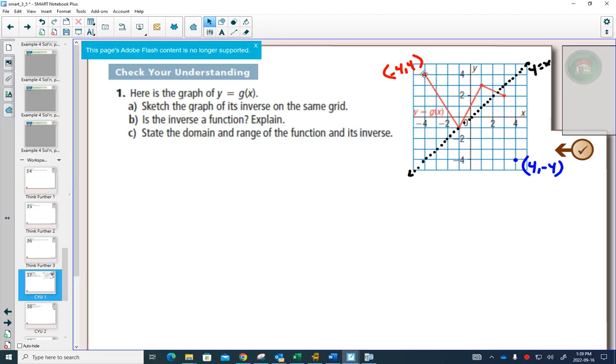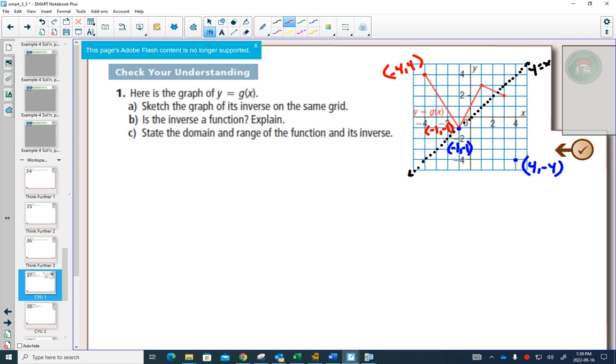Okay? So we do this with our other points. I've got, on the red graph, negative 1, negative 1. What's going to happen when I switch the points now? It stays the same. And that point was right on that dotted line. Negative 1, negative 1.